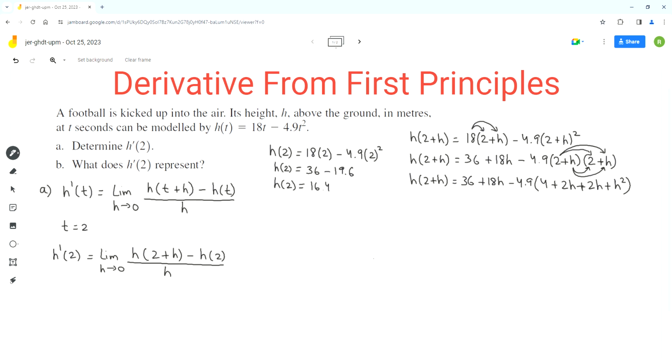Now we can distribute this 4.9 into the parentheses, and we can also combine the 2h terms.